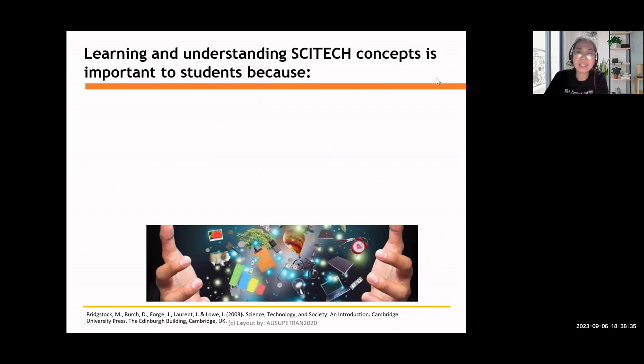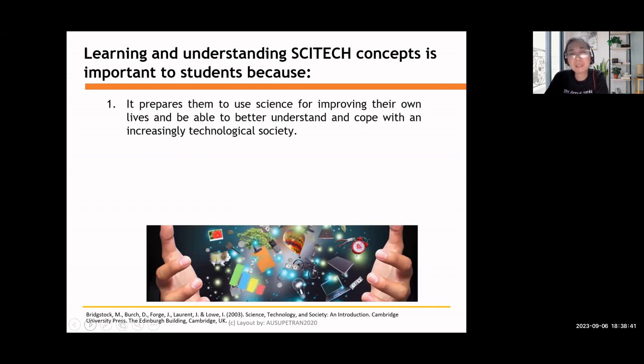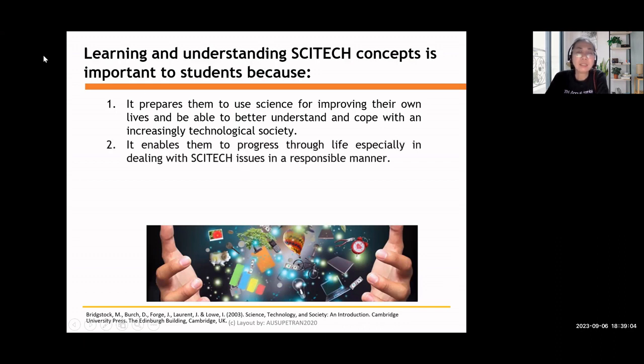So learning and understanding SciTech concepts is important to students because, number one, it prepares them to use science for improving their own lives and to better understand and cope with an increasingly technological society. So let's face it, science and technology is no longer just something that we read from the textbook, but it is something that we actually use today.